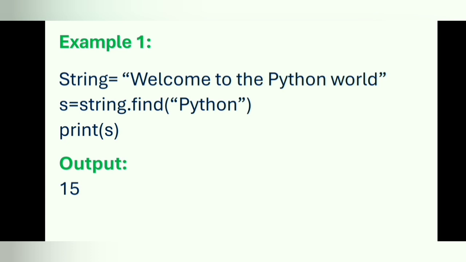Then the print statement print s prints the index of the first occurrence of the substring Python in the string. The output of this example is 15 because the index of the first occurrence of the substring Python is 15 in the string. The index of the first character is 0.